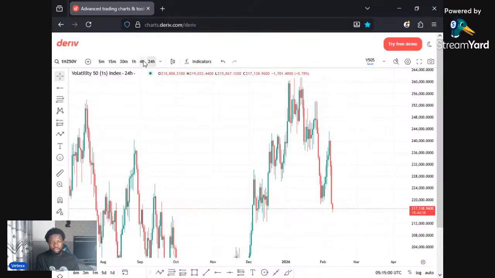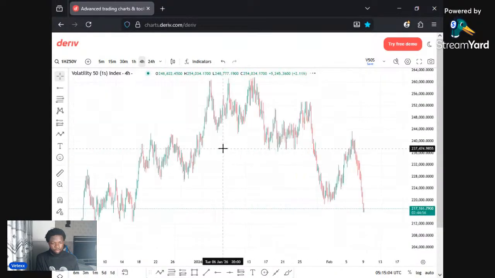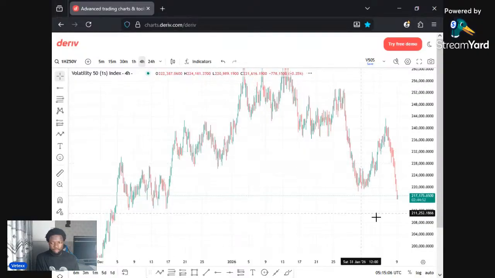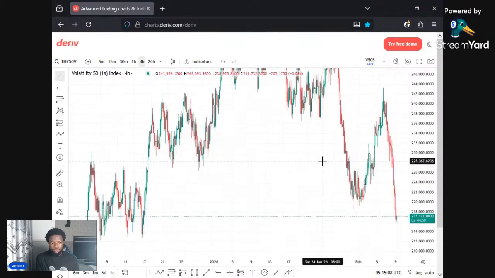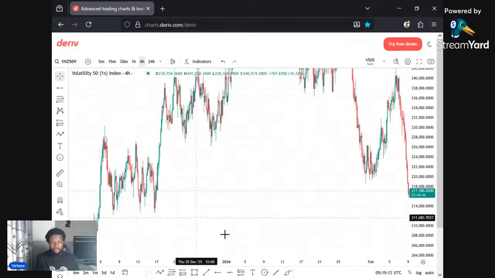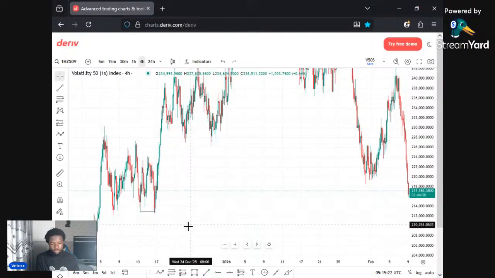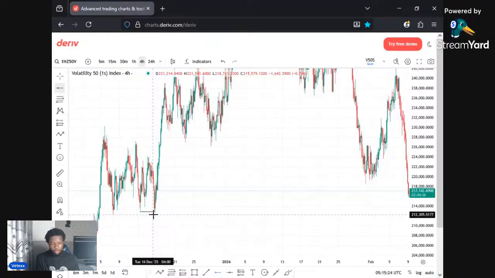Currently, we check the 4-hour time frame. On the 4-hour time frame, what do we have? We have a sweep of liquidity which is here. This is our protected low.